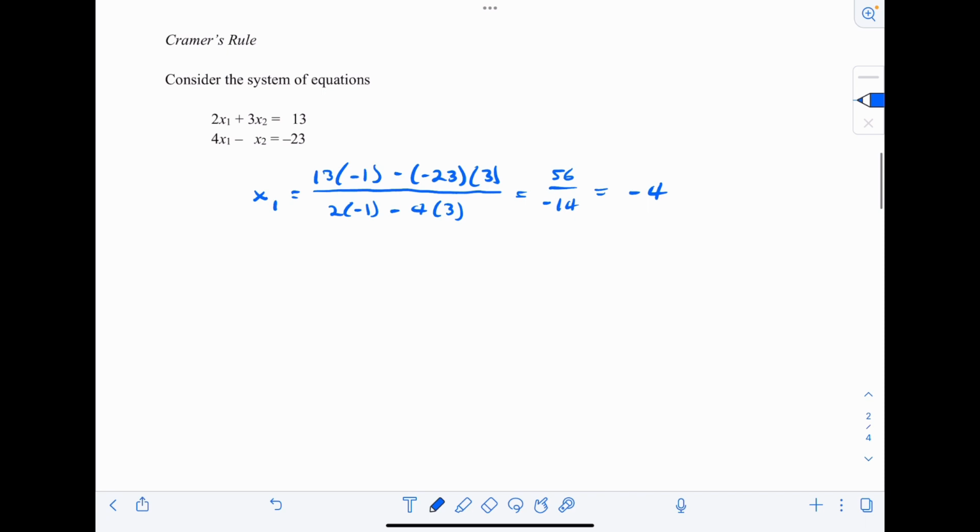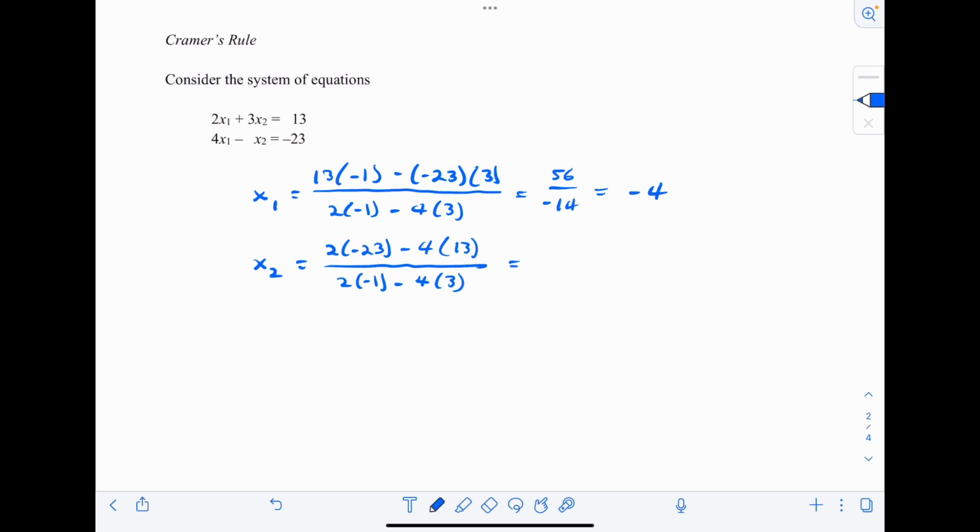Okay? All right, let's try x2. Now, if you pay attention here, as I go through x2, it's going to look similar, but there is a slight difference. So let's see if you catch what's going on here. I'm going to take 2 times -23 minus 4 times 13, and I'm going to divide that by 2 times -1 minus 4 times 3.